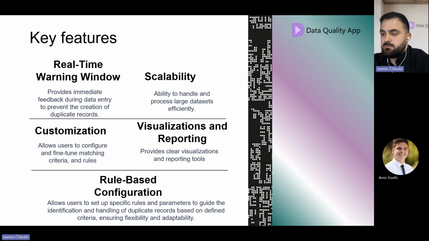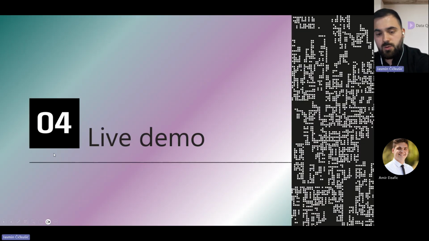As I have mentioned, the same for customization. You are able to customize and configure your rules, and of course, create different criteria for different rules. Now we will go to a live demo.